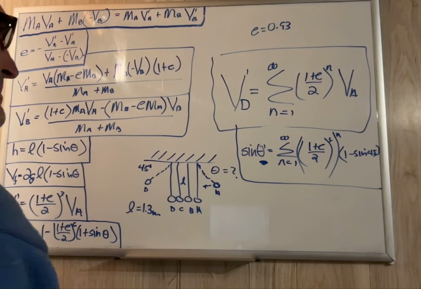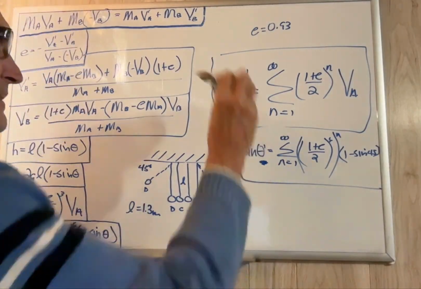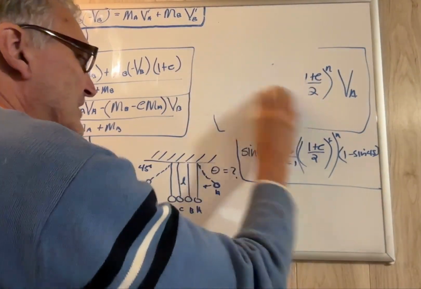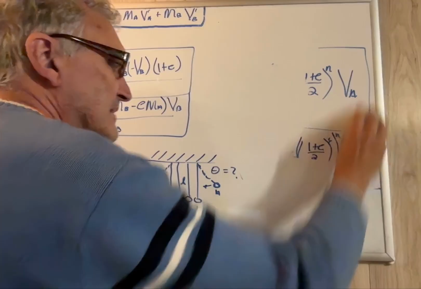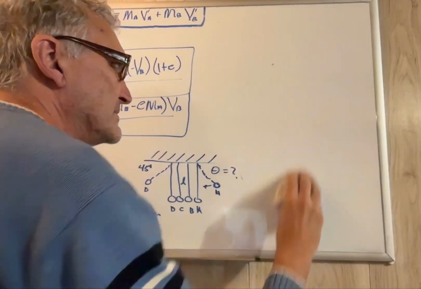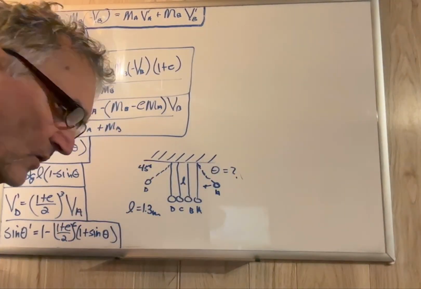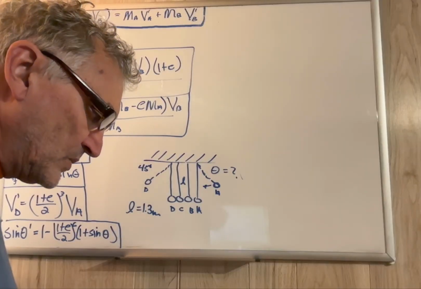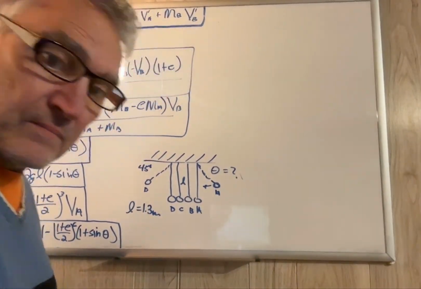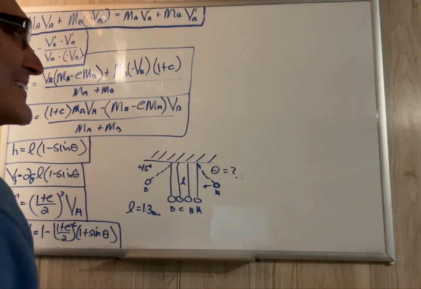So if you think about these equations, let me write them out neater. If you think about these equations right here, these are all the equations you're going to need to decipher Newton's cradle.